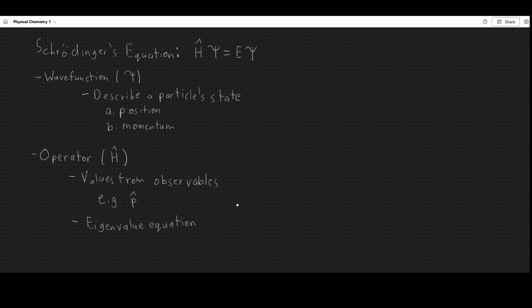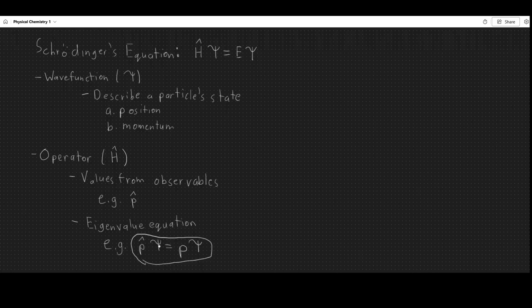So an example would be, for the momentum eigenvalue equation, p hat times psi equals the actual value times psi. And you might see that there's a lot of similarity between this equation and what we have up here in Schrodinger's equation.